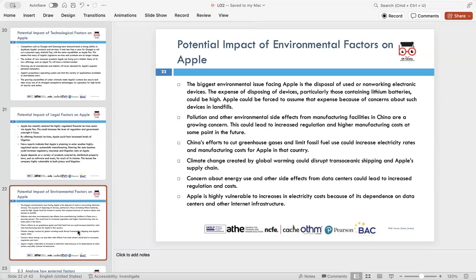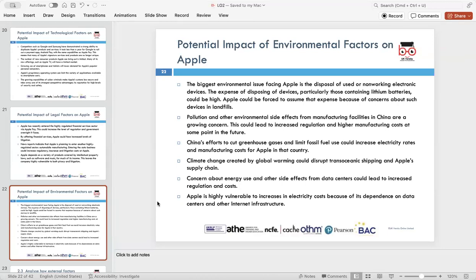So there is a growing worry regarding the pollution and other adverse environmental effects that are caused by manufacturing facilities and infrastructures in China. As a consequence, this may at some point in the future result in additional regulations as well as higher manufacturing costs.